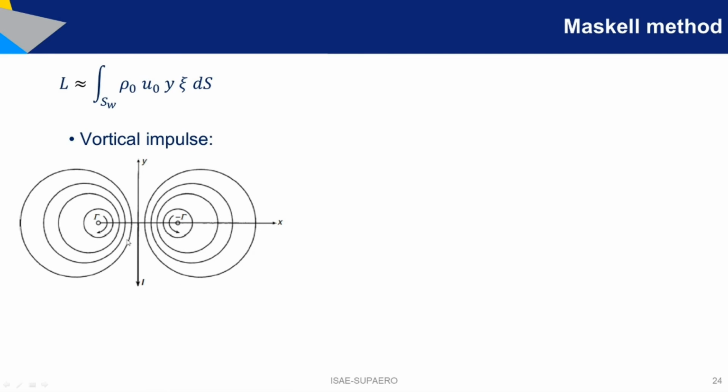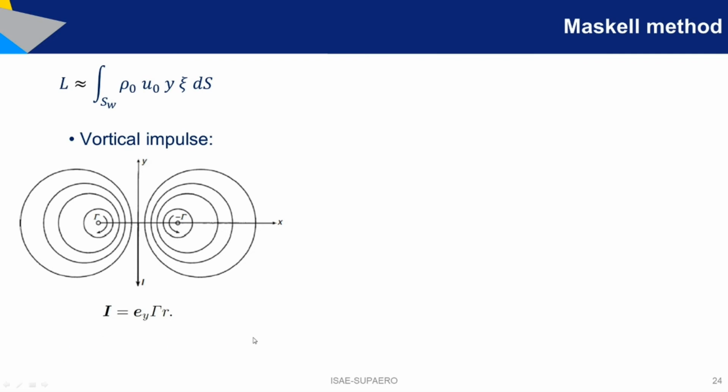And in particular, if you integrate the entire flow field, you will have a downward net momentum. And the net momentum is given by the magnitude of the circulation of each vortex and the distance that separates the vortices.